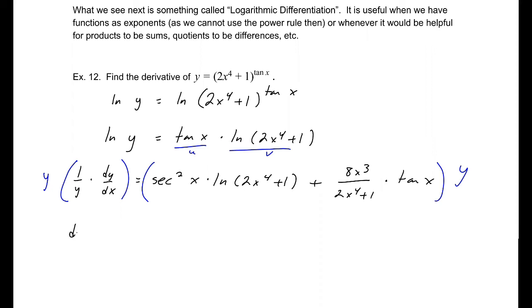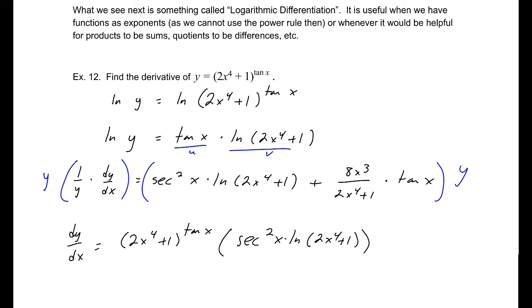So we get dy/dx equals (2x^4 + 1) to the tangent x times secant squared x natural log of (2x^4 + 1), plus 8x cubed over (2x^4 + 1) times tangent x. So that whole quantity multiplied by our original expression.